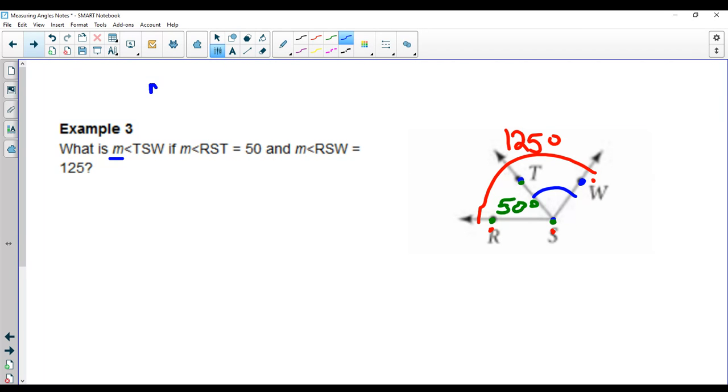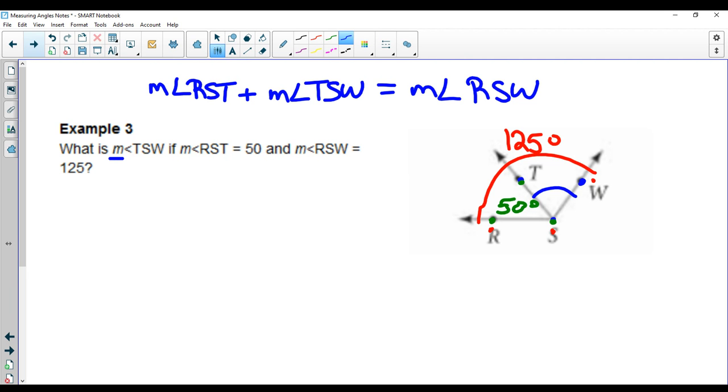We can say the measure of angle RST plus the measure of angle TSW should equal the measure of angle RSW.